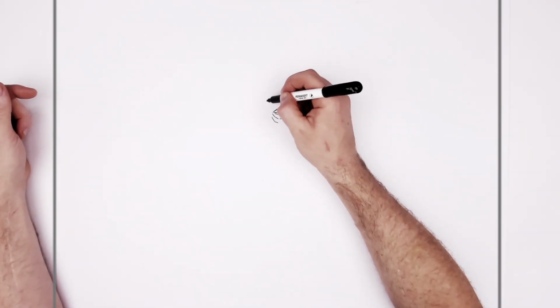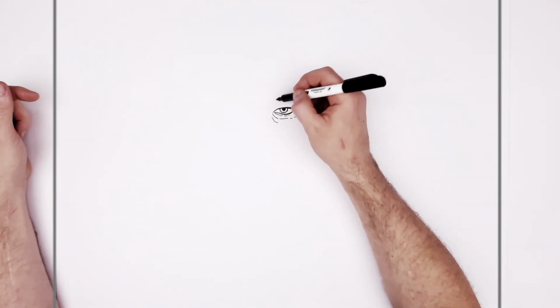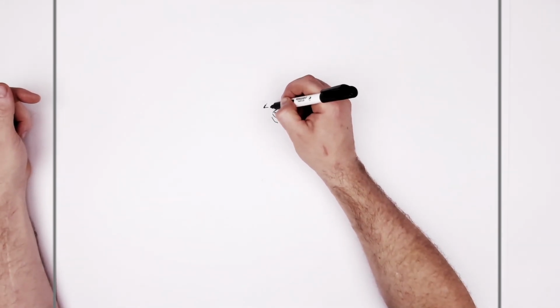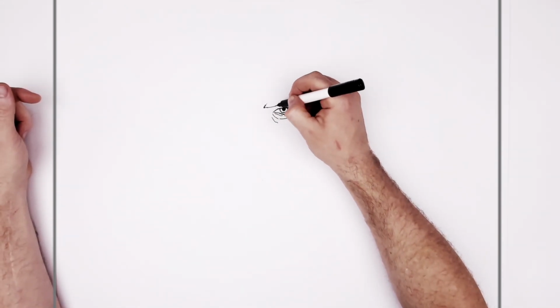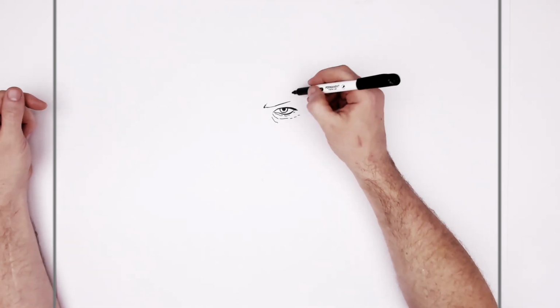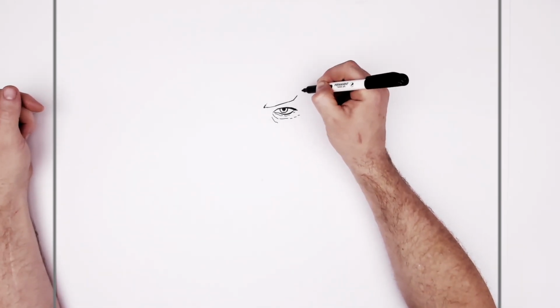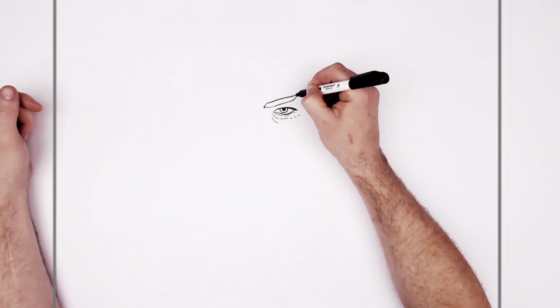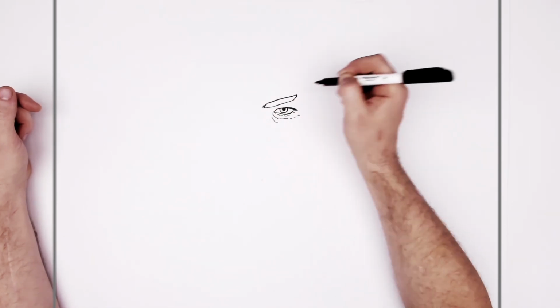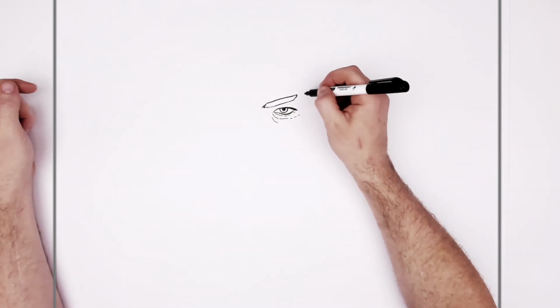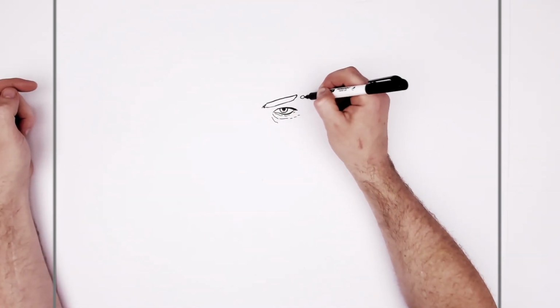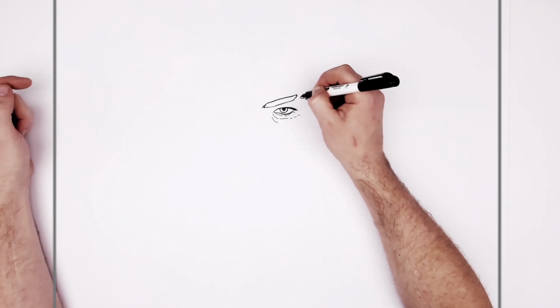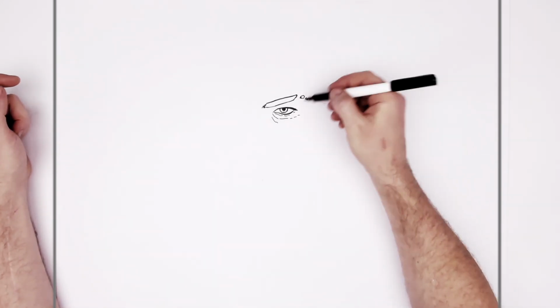And then eyebrow. So, big old eyebrow. Here. Shaved eyebrow. Interesting choice. So this shaved section of his eyebrow there.